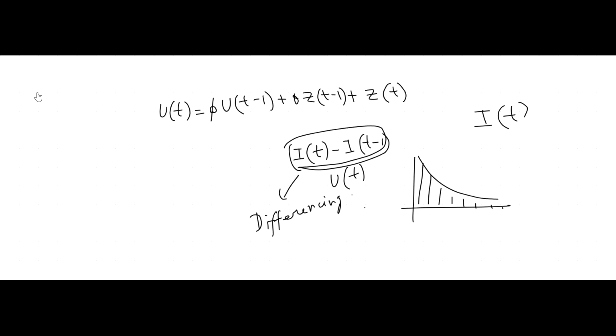If it still decays very slowly, then you have to take another differencing, a second differencing or successive differencing. You keep taking such differencing, and generally after one, two, or three differencings, you should get an autocovariance function which decays very rapidly. In that case, the differenced data can be modeled according to some ARMA process.